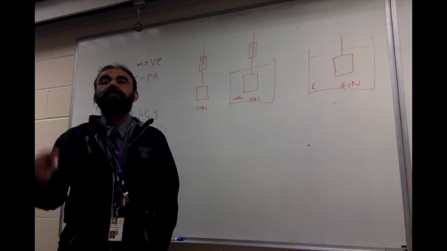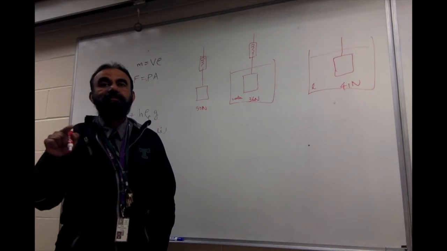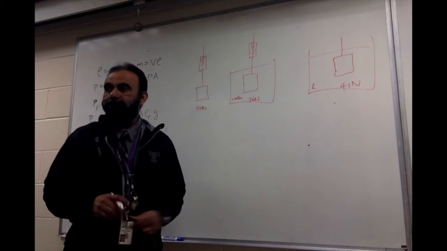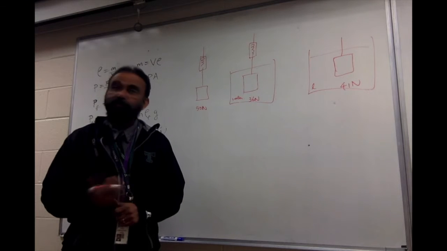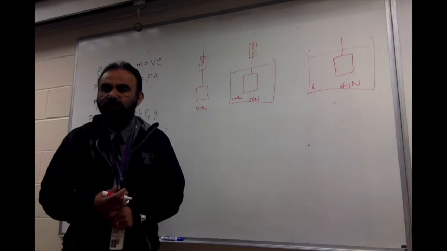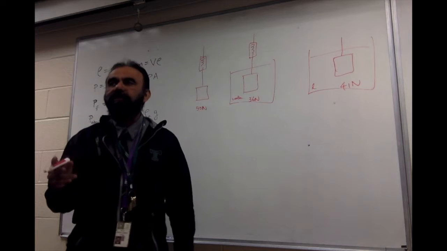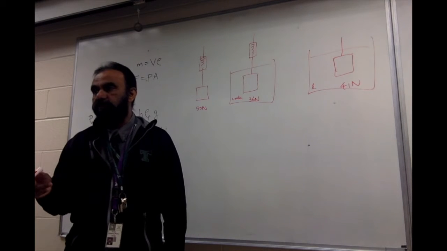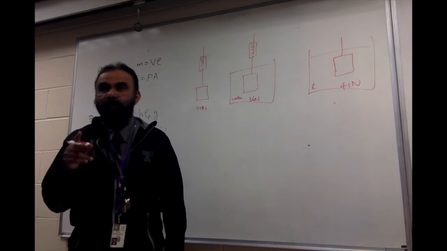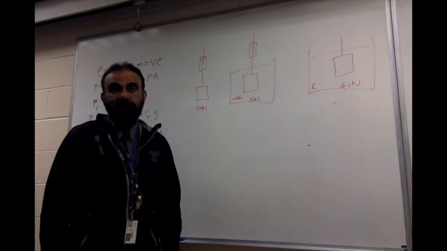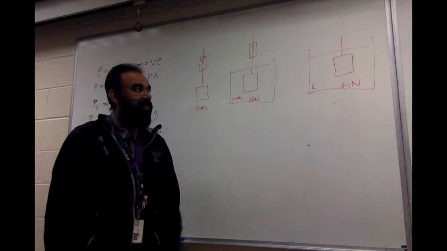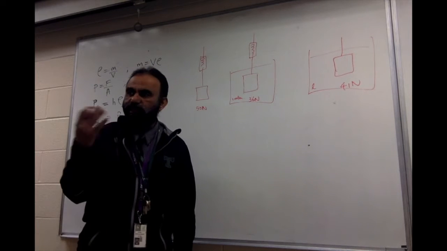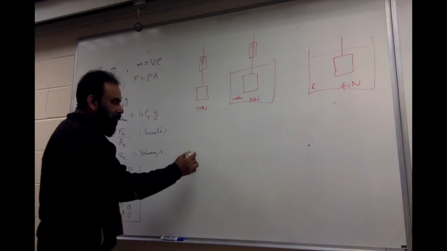Because of the buoyant force. The buoyant force is what's pushing it up. And what's buoyant force? It's the weight of the fluid displaced. You get it? Yes. Before I get into the problem, let me tell you about the fluid displaced concept. Watch this.